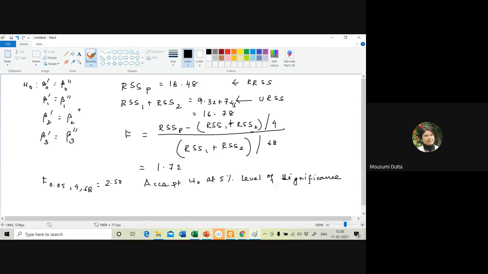So this problem is very, very similar to the one we have solved. We have 2 subperiods, we have a pooled data regression. However, the information is not given in terms of RSS, ESS, etc. Rather, information is given in terms of R square.